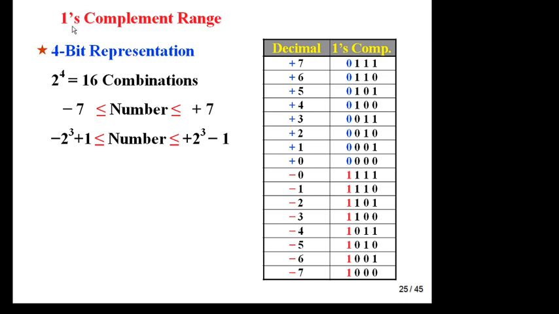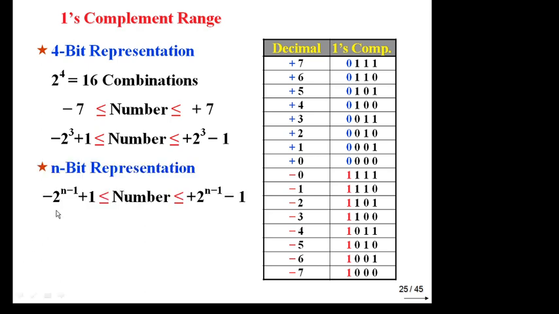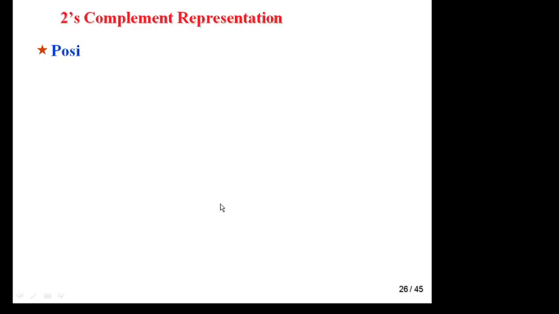Suppose for 8 bit you have to determine: minus 2 to the power 7 plus 1 to 2 to the power 7 minus 1. In this way you can determine the range of a number. Okay, this is your formula: minus 2 to the power n minus 1 plus 1 to 2 to the power n minus 1 minus 1.